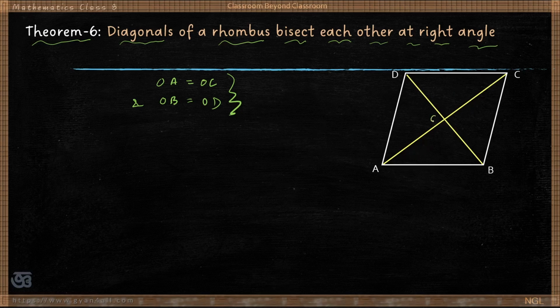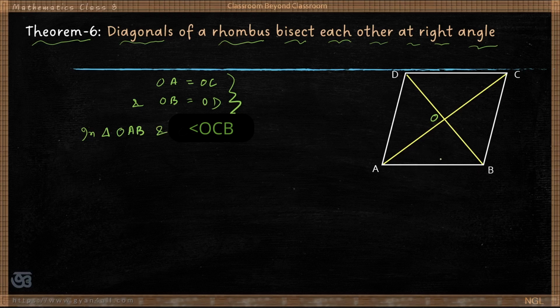So if this is the point of intersection, now we will take these two triangles, this triangle and this triangle. Write in triangle OAB and see these two triangles, what are equal?